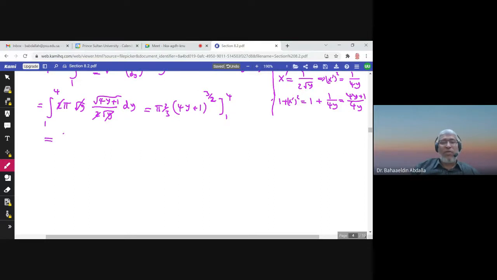And now this would be 2 pi over 3 times 4 times 4, 16 plus 1, 17 to the power 1.5 minus 1 times 4, 4 plus 1, 5 to the power 1.5.